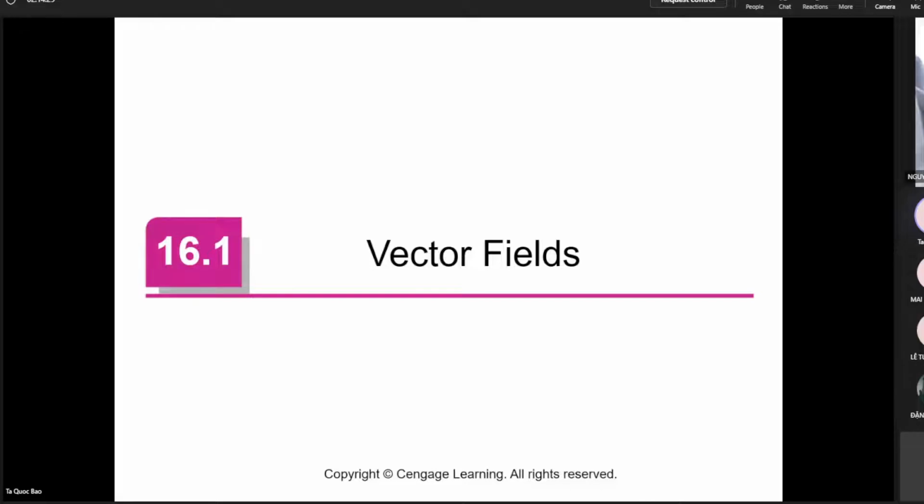So the first section, we study vector fields. This is a very new concept for you.